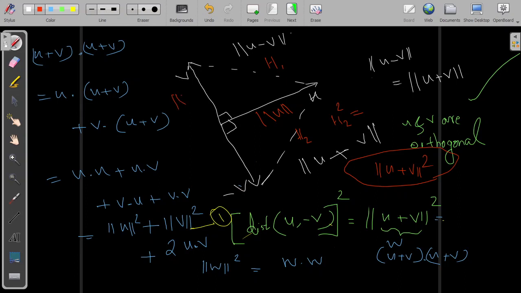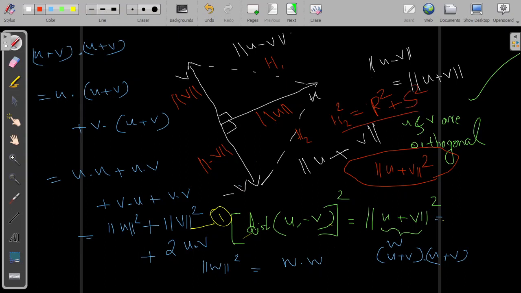Here we have hypotenuse h2, and this is the length of the vector minus v. So hypotenuse square is equal to norm u square plus norm v square, which means the right-angled side squared plus the other side squared.